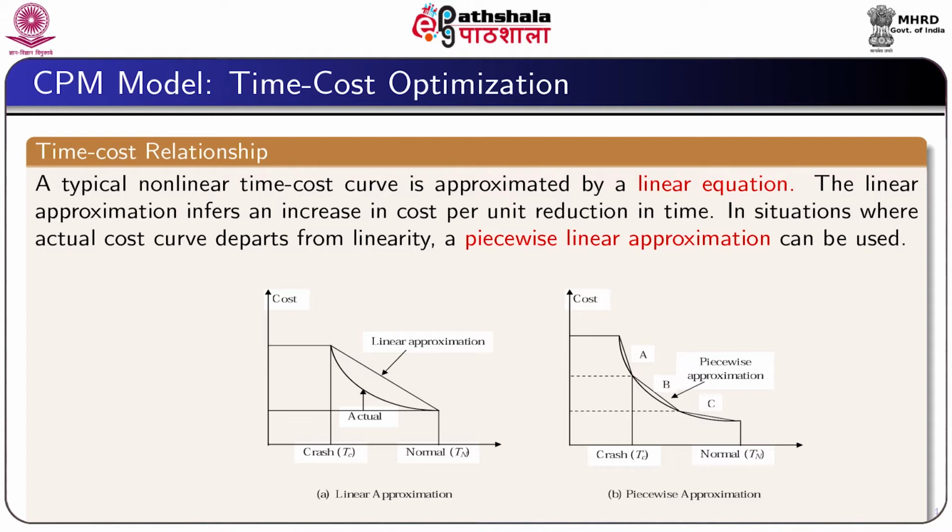The linear approximation infers an increase in cost for unit reduction in time. However, there are situations where the actual cost curve differs from linearity. In this case, a piecewise linear approximation can be used as shown in the right hand figure of the slide.